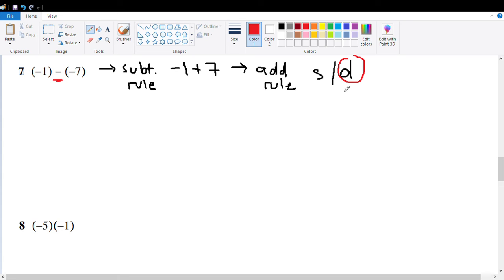So again, we're going to subtract 7 minus 1. 7 minus 1 is 6. Is that all when we do the addition rule? No. We're again going to compare which one's larger, 7 or -1. In this case, 7. So that means our final answer is positive 6.